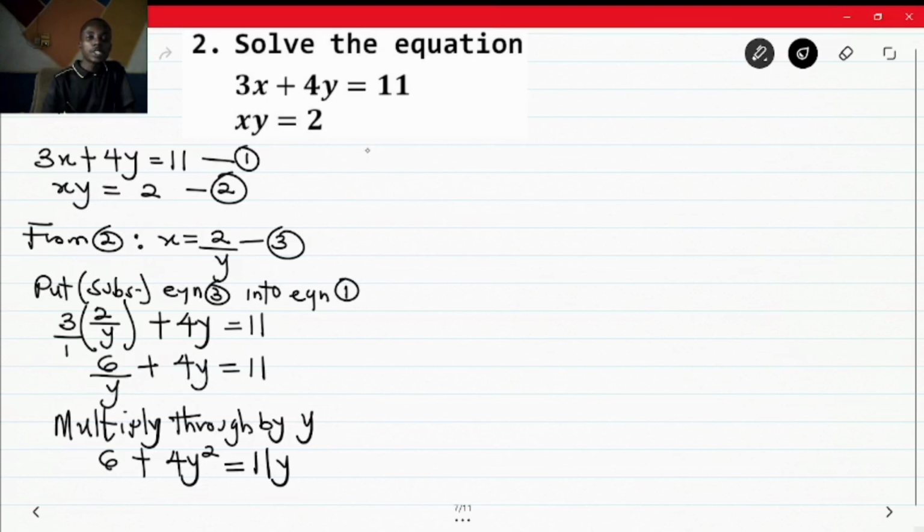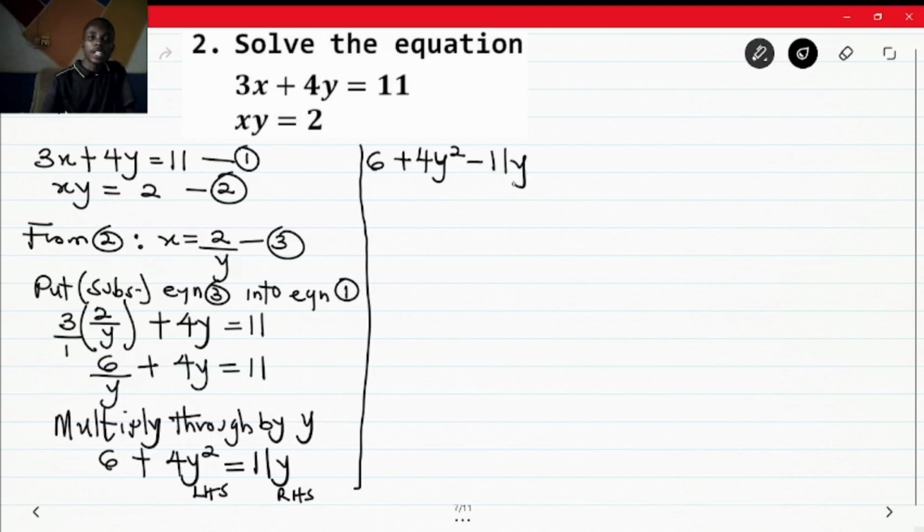So I can rearrange this. I can bring 11y into the left hand side. This is the left hand side, and this is the right hand side. So I can bring it in now. Sorry, I need to take it according to the order. So I have 6 first, plus 4y squared minus 11y.